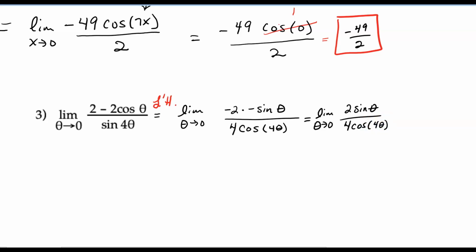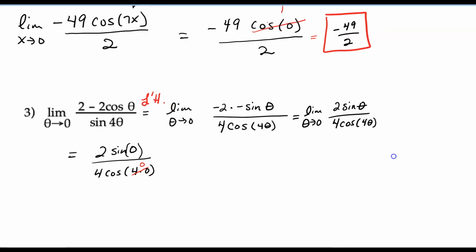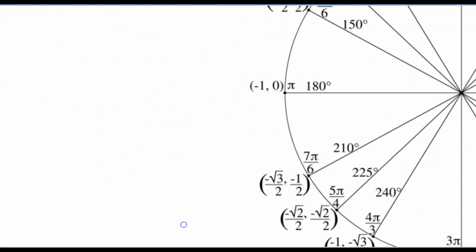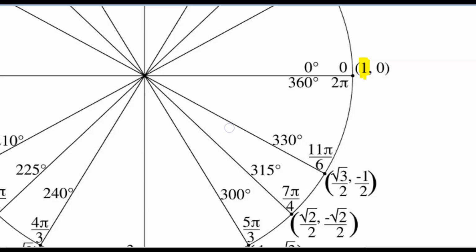And now we can plug in theta approaches 0. So we're going to say 2 sine of 0 divided by 4 cosine of 4 times 0, which is just 0. You look that up again on your unit circle: sine of 0 is 0, cosine of 0 is 1.